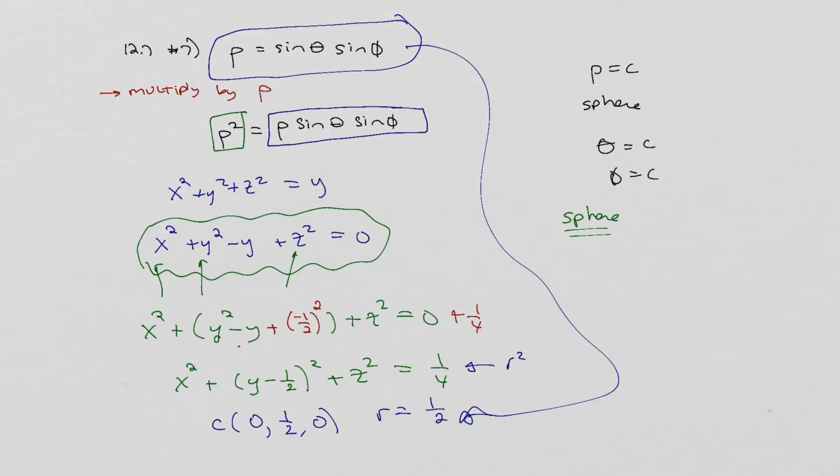I'll just get it set up because it's kind of the same thing. For number 8, we're given rho equals 2 cosine phi. What I'll do here again is multiply both sides by rho to give me rho squared equals 2 rho cosine phi. And then this rho squared is this substitution again.